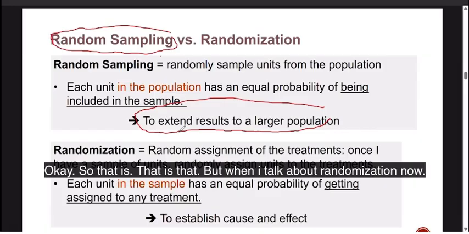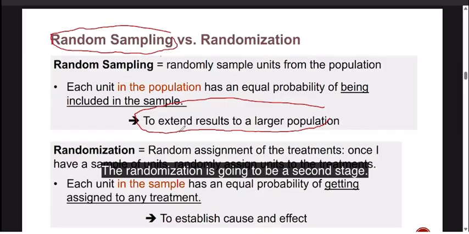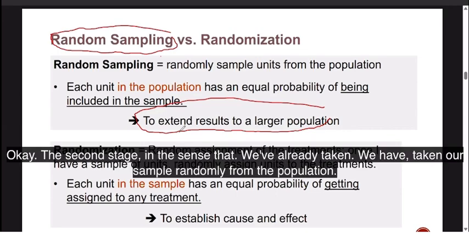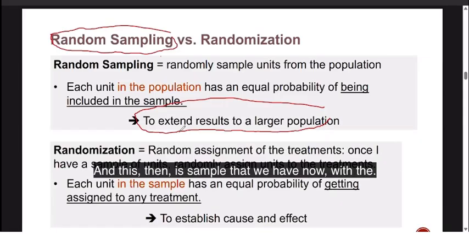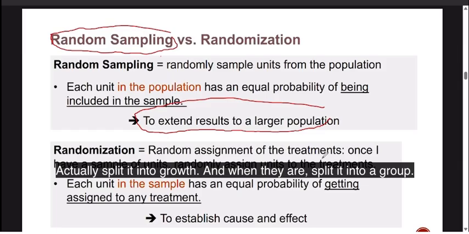But when I talk about randomization now, the randomization is going to be a second stage. The second stage in the sense that we have taken our sample randomly from the population. And then the sample that we have now will be split into groups.